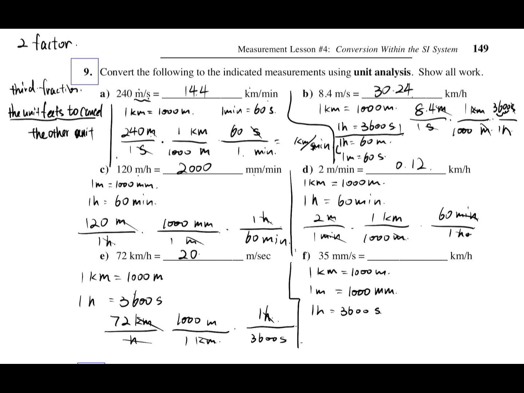So it's 35 mm divided by s, times 1 m per 1000 mm, times 1 km per 1000 m, times 3600 s per 1 hour. Then we cancel, and the answer is 0.126.